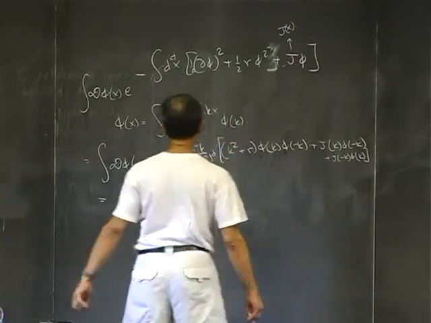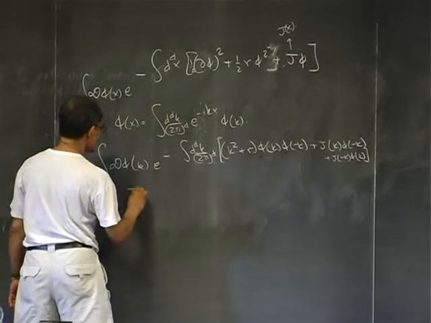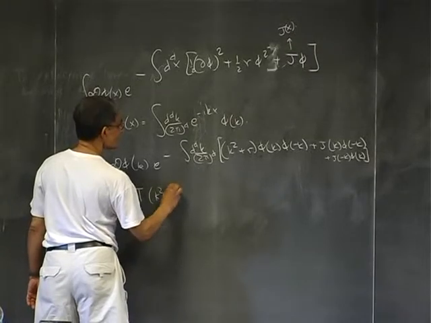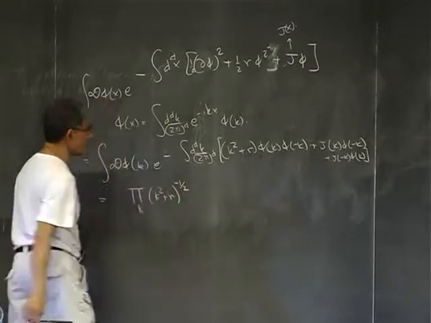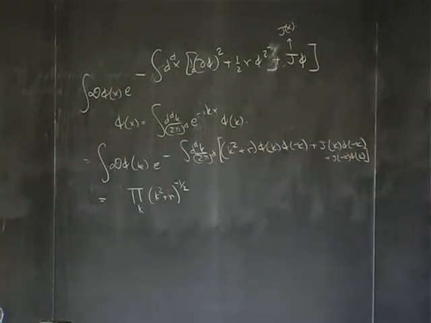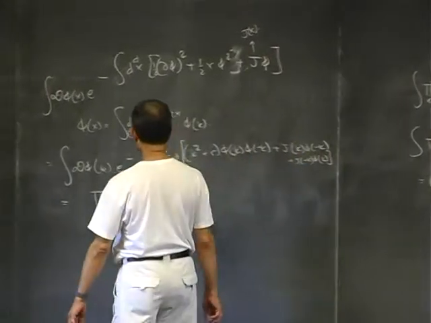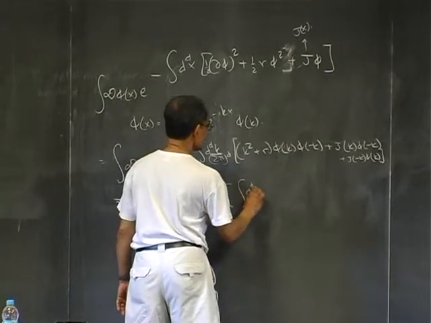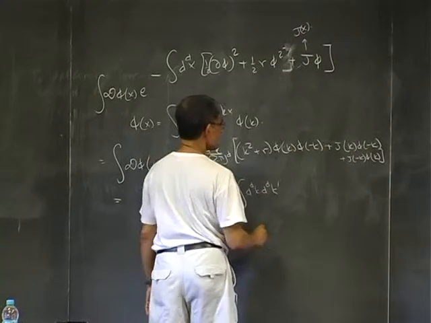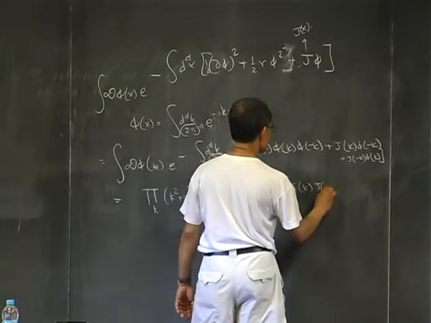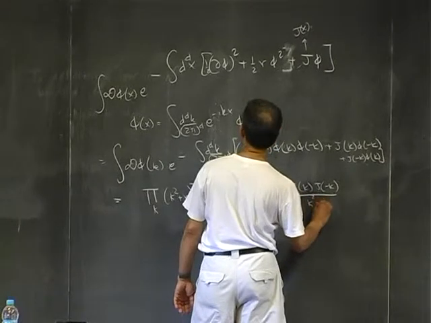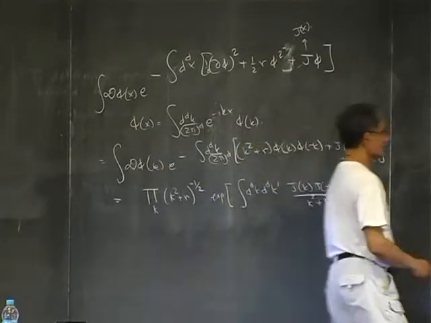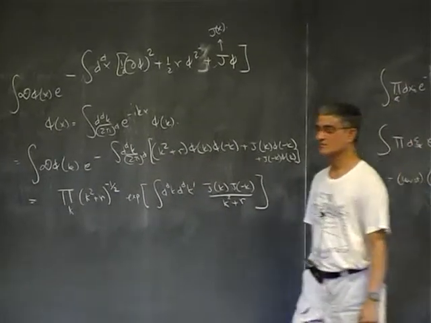Once you are careful of that, the answer is a product over all k of k square plus r raised to the power minus half. That is the analog of determinant of B raised to the power minus half, and then an exponential of integral ddk prime over k square plus r. This is the analog of this formula. Okay?